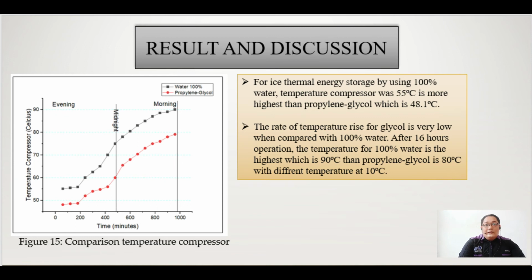After 16 hours of operation, the temperature for 100% water is the highest, reaching 90 Celsius, versus propylene glycol at only 80 Celsius. So the difference between these two mediums is 10 Celsius. We can see that for 100% water, the compressor temperature increases rapidly from evening to midnight until the morning. But for propylene glycol, it is a little bit slower than 100% water.